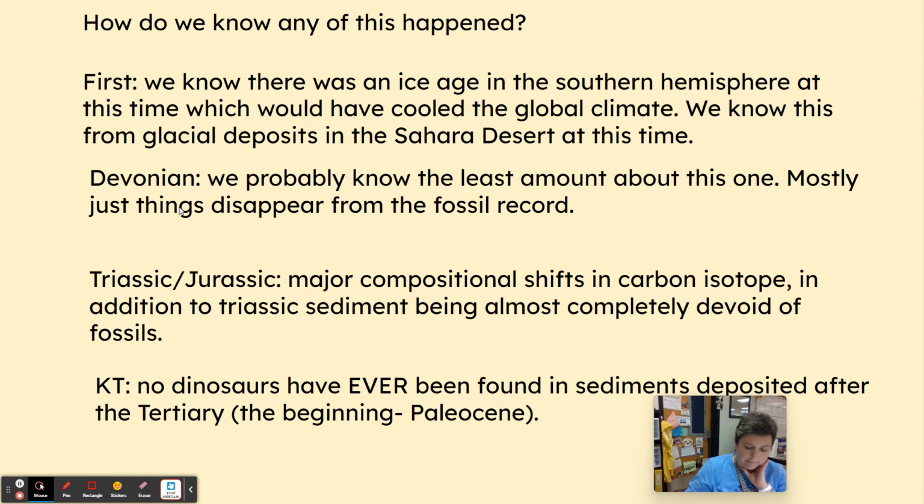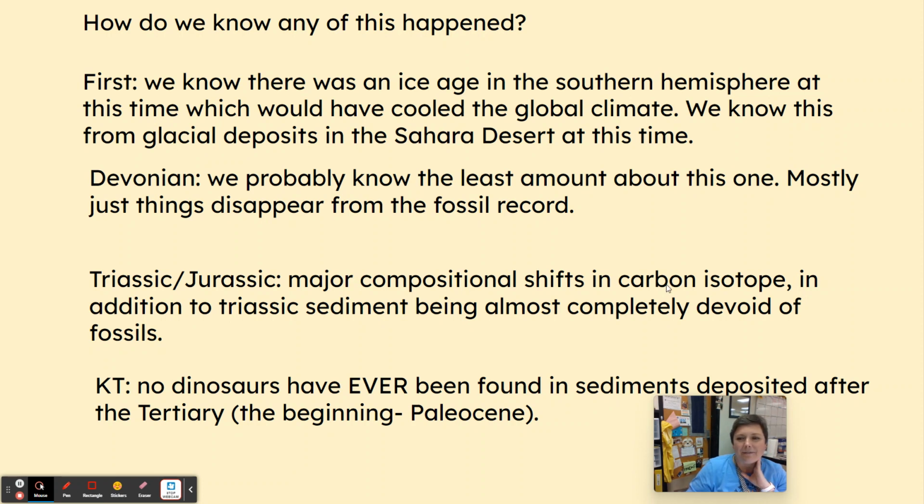So we can actually see the evidence of these glaciers in the Sahara Desert. For the one at the end of the Devonian, we probably know the least amount about that one. Mostly we just see a lot of things disappear from the fossil record. So the Devonian is just the last time that we see any of that. Triassic and Jurassic, I don't really understand this, but there's a major compositional shift in a carbon isotope.